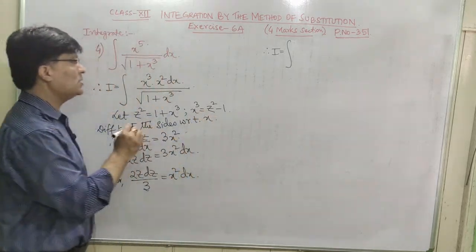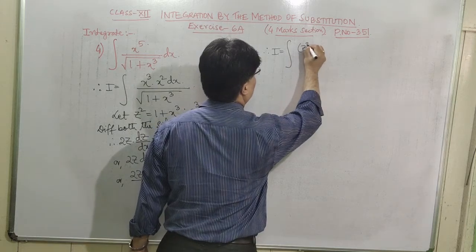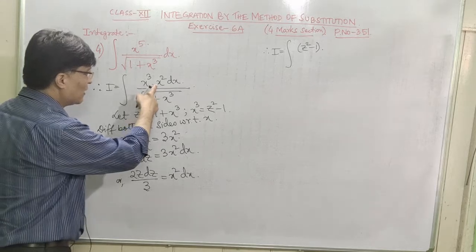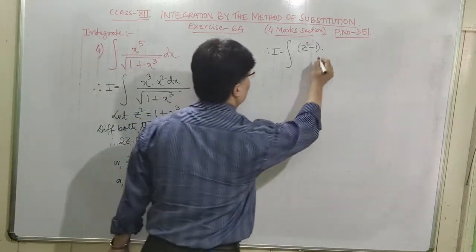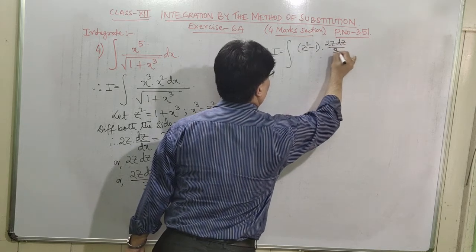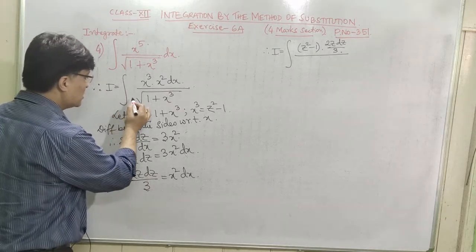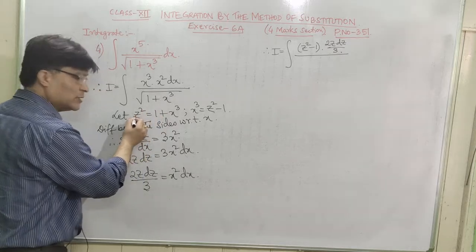So therefore I is equal to integration of x cube, which is z square minus 1, into x square dx. What is x square dx? It is 2z dz by 3, divided by root over z square, because 1 plus x cube here is z square.